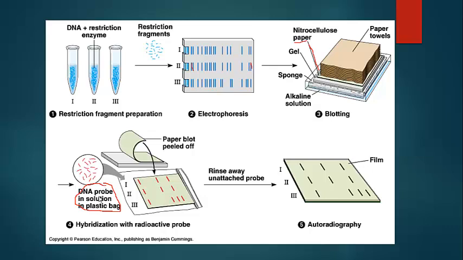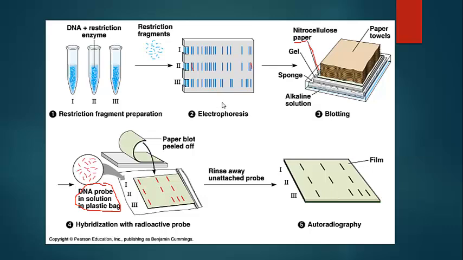Once we allow the probe to react with the fragments of DNA, a piece of film is placed on top of the nitrocellulose paper. Those radioactive probes are going to burn an image into the film. This film is only going to contain bands from those specific genes or those specific fragments that we wanted to isolate.